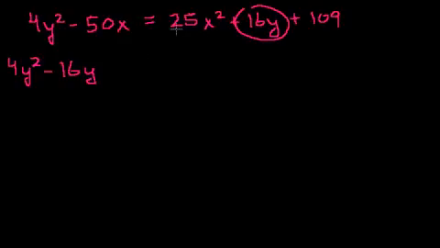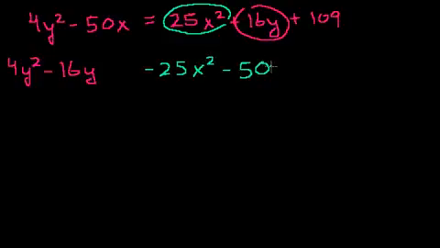And then I want to subtract the 25x squared from both sides of this equation, so I get minus 25x squared minus 50x. That's that right there. And then I'll leave this 109 on the right-hand side, is equal to 109.